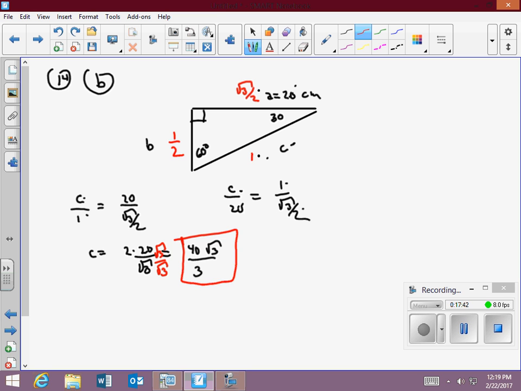Okay, then the next one we have to do is the 1/2. So what you could do is, we know C. C is 40 square root of 3 over 3, and what we want to calculate is B. So we could go B is to 40 square root of 3 over 3 as 1/2 is to 1.